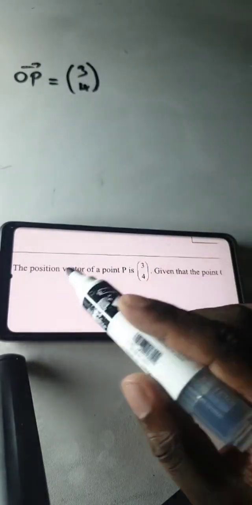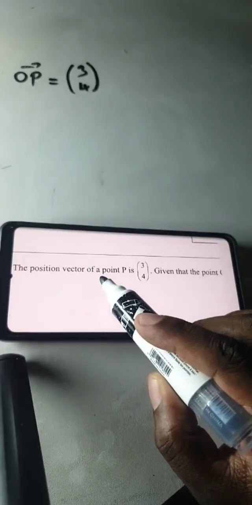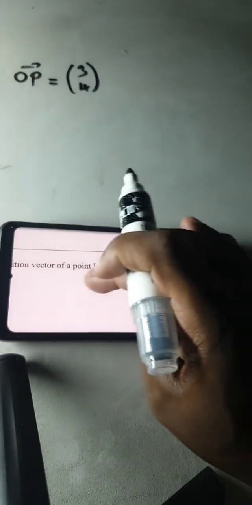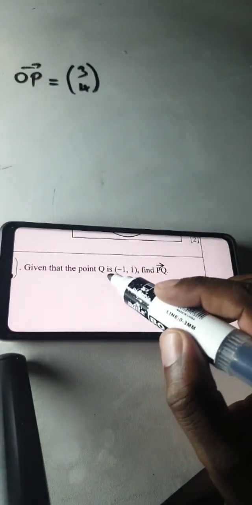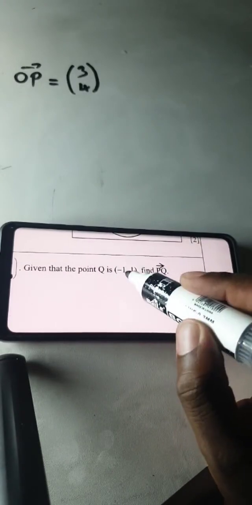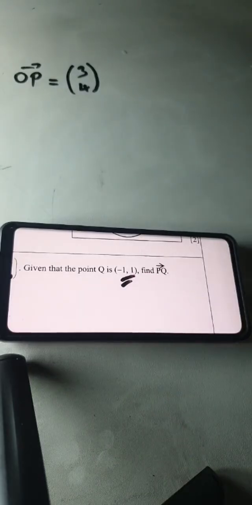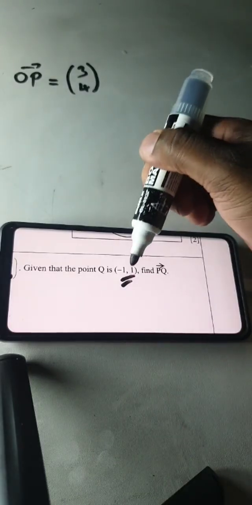Have you seen how the English has even changed? This one, they said the position vector of a point P is this. Then here they are saying, given that the point Q, without even mentioning vector. Why? Because Q is in coordinate form.